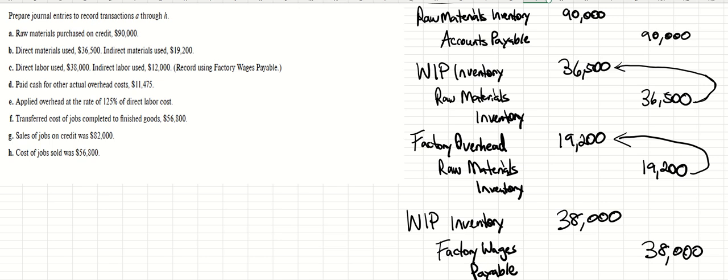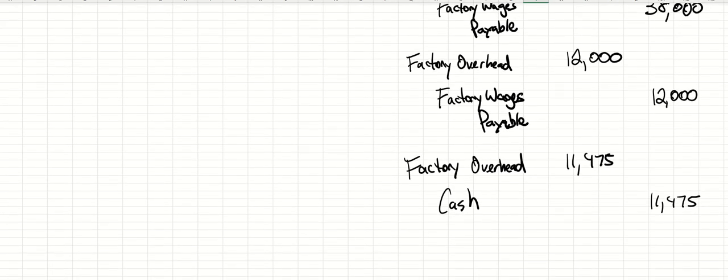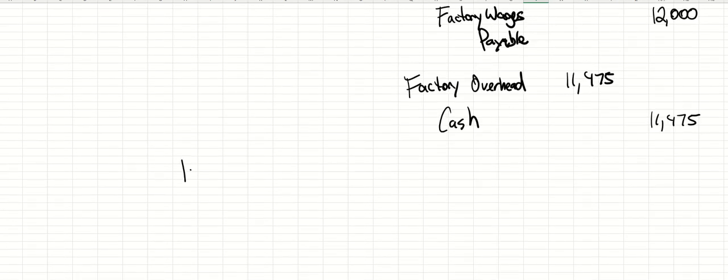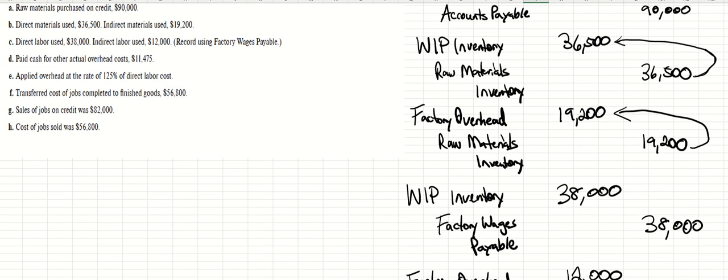Okay, so letter E. This is what I was referring to with letter E as far as applied overhead. How does that get recorded in that factory overhead account? It says applied overhead at the rate of 125% of direct labor costs. So I'm going to go ahead and put over here 125% multiplied by direct labor costs, right?